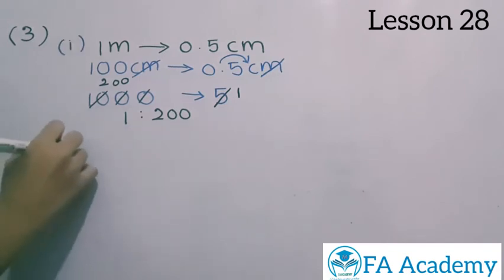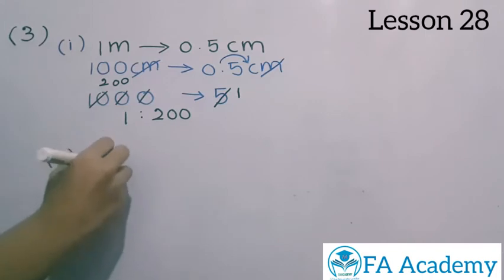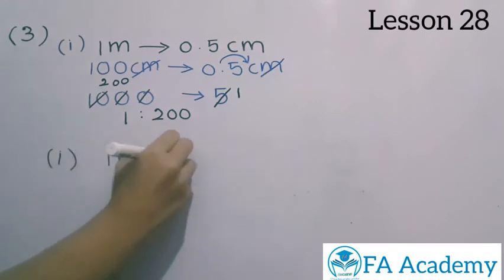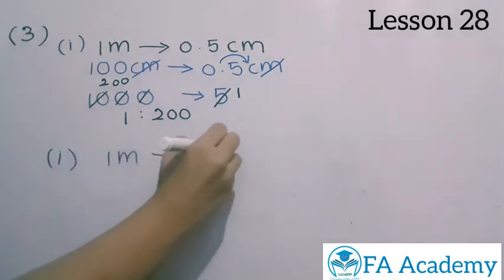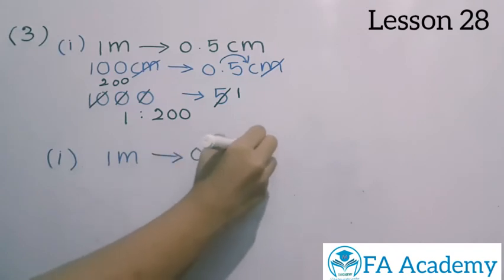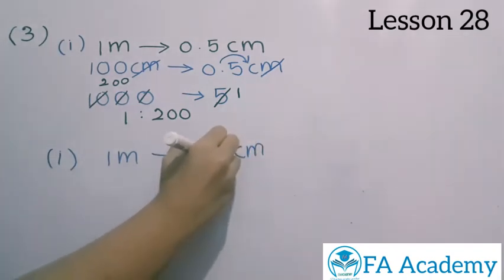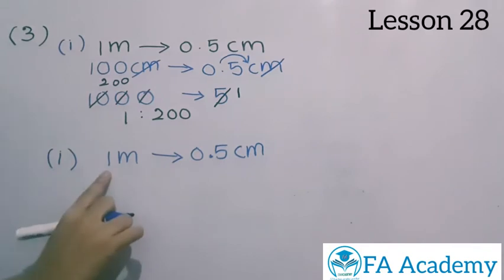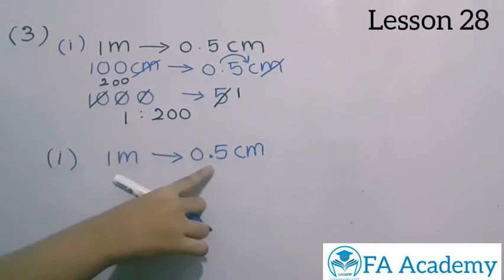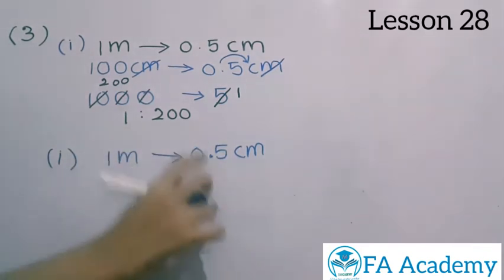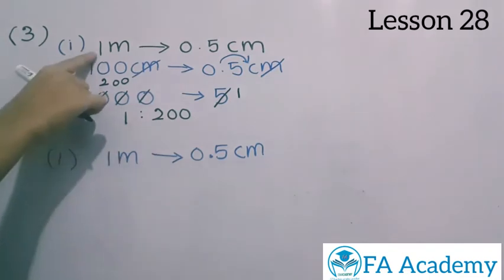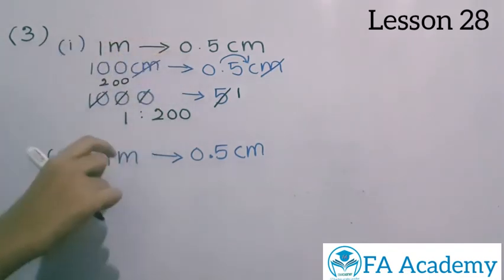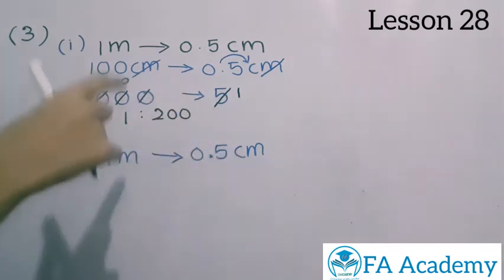For the second one, what you have to do? 1 meter represents 0.5 centimeters. So that's the scale we have taken. So the actual length is 1 meter, means we are taking 0.5 centimeters in our book, which we have written here. That's what we thought and took, which we can draw.